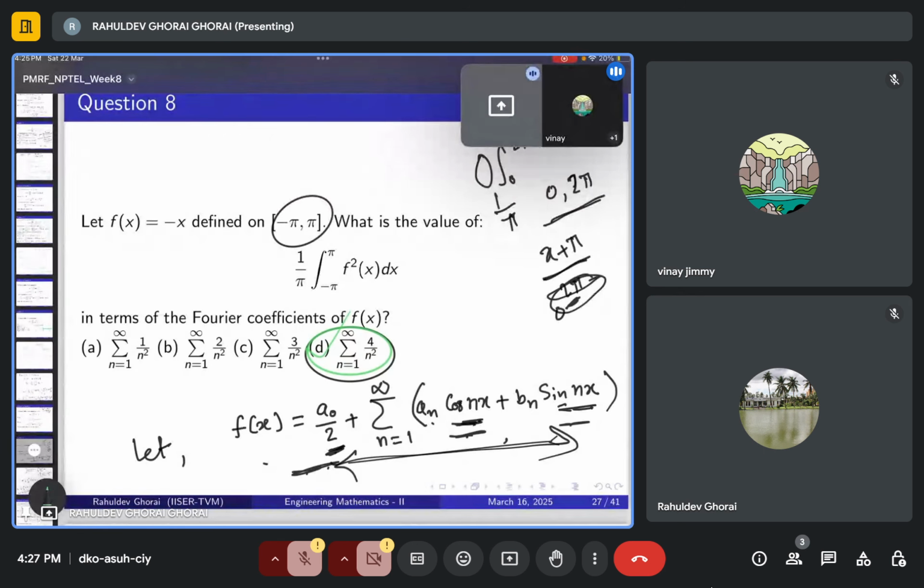But things are same, right? No need to worry, right? Just the integration limit will be changed. Nothing else.